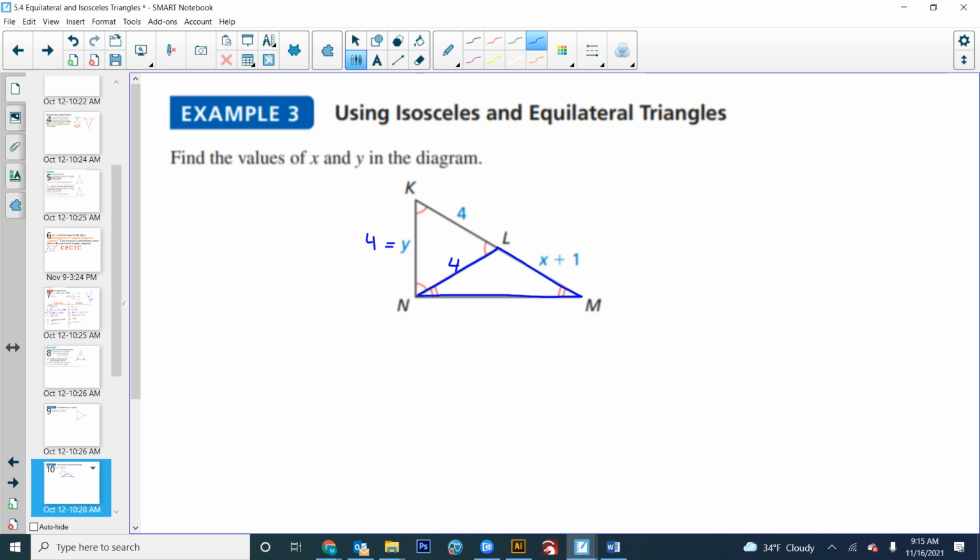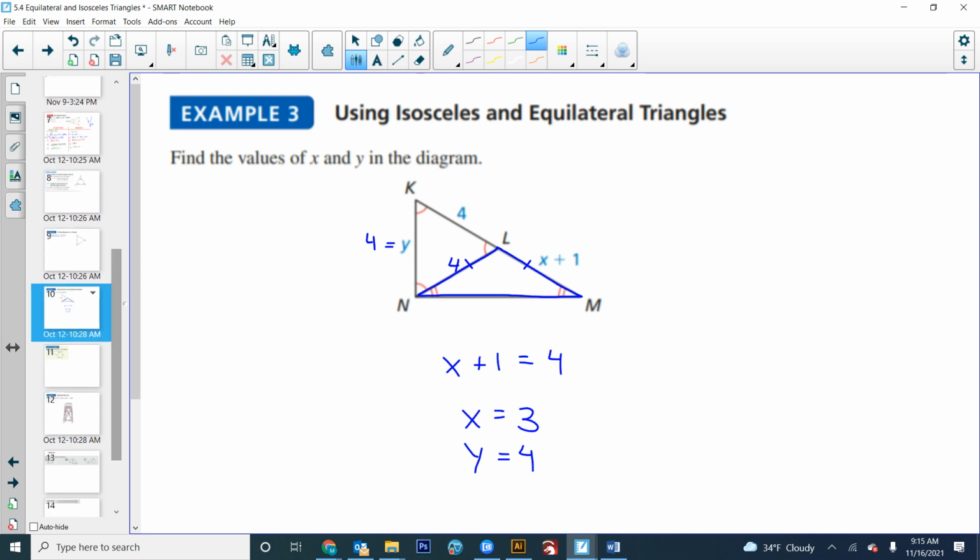If the base angles are congruent, then these sides that Tally told us they're pointing to are congruent. So x plus 1 equals 4, so x equals 3. X equals 3, y equals 4. Do you see how you have to work around that picture, like a little puzzle? You get a couple of those on the homework.